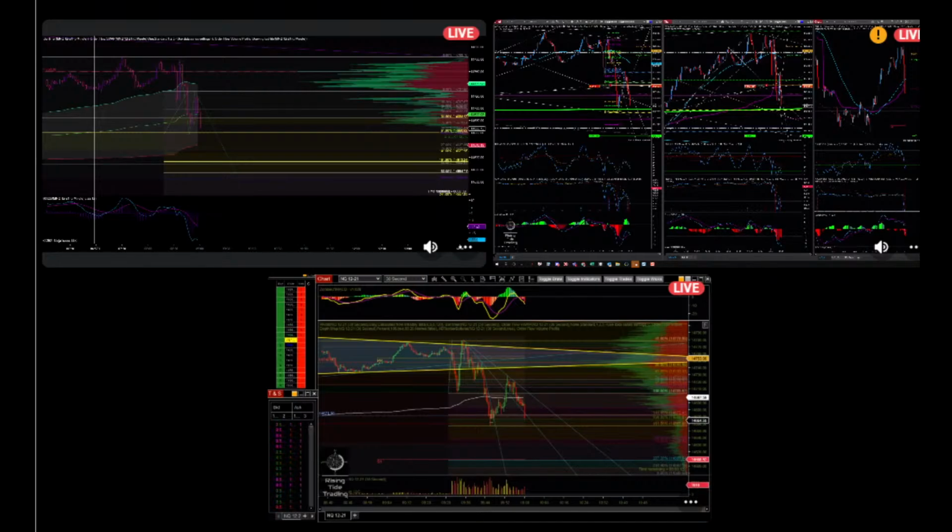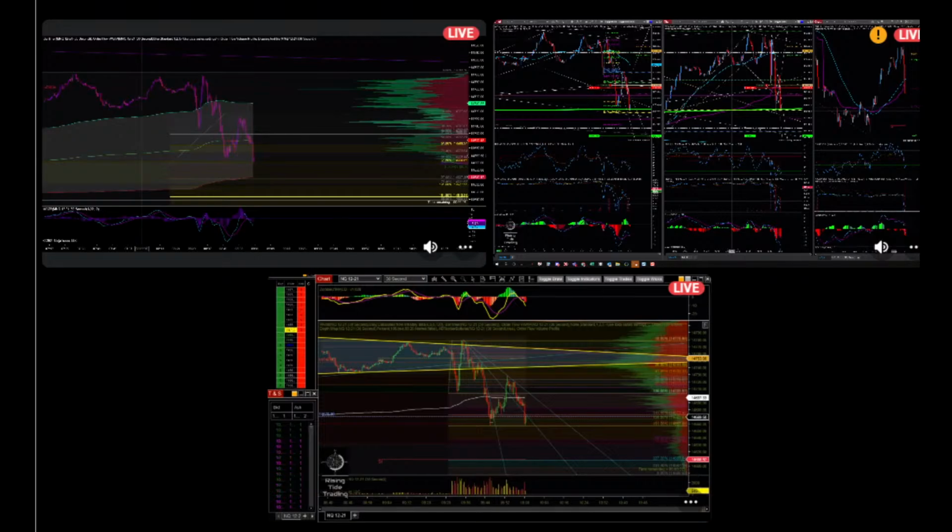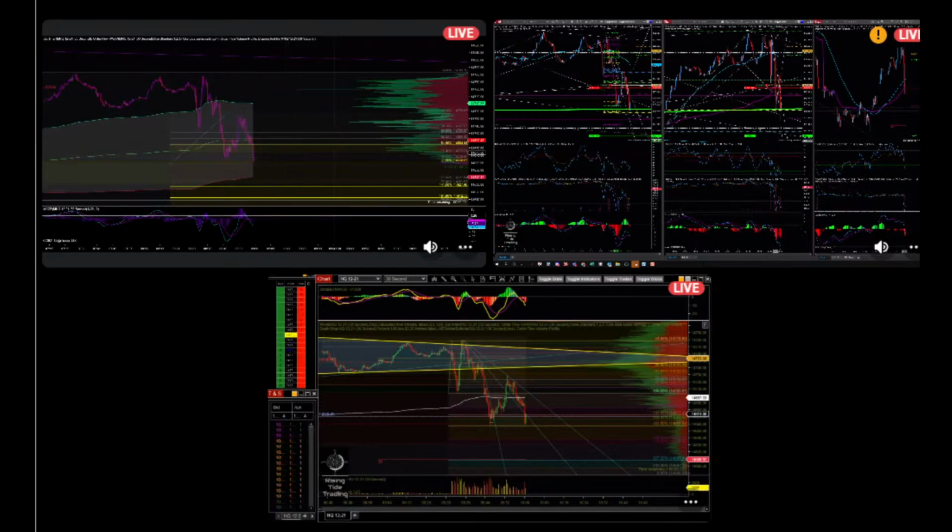Taking another off. Move this to the bottom of this flag here. I'm going to make this profit target the 188.